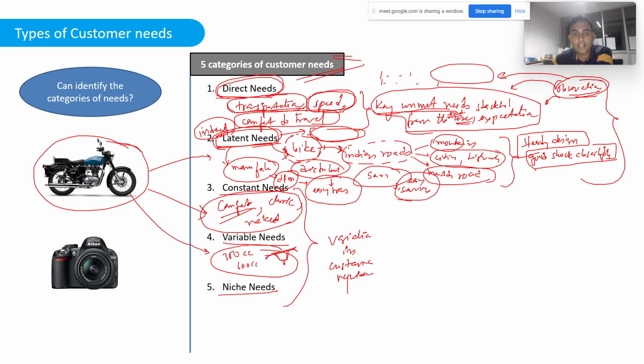So all these are variations among the customer requirements, so these are called variable needs. The other sort of needs are niche needs, and these are very specific needs that extremely rarely does someone require.